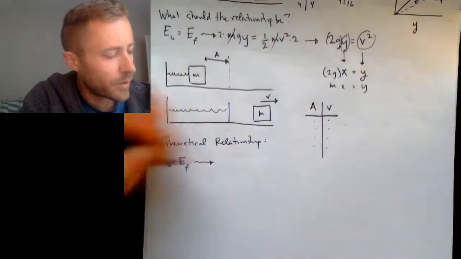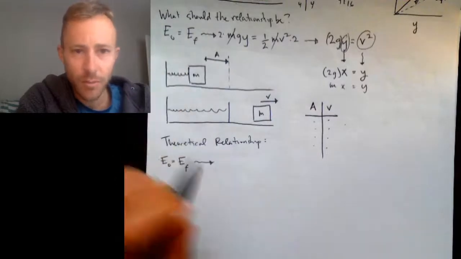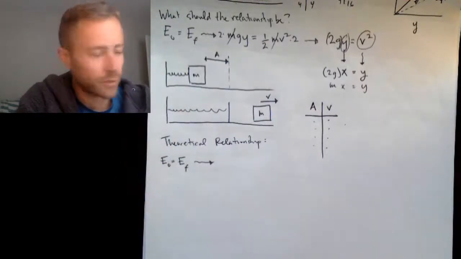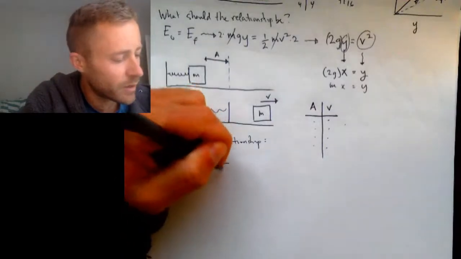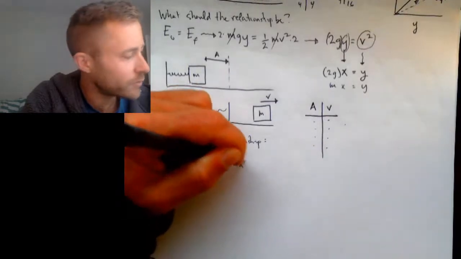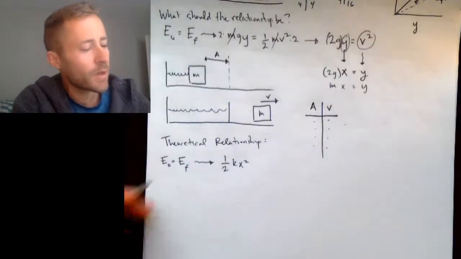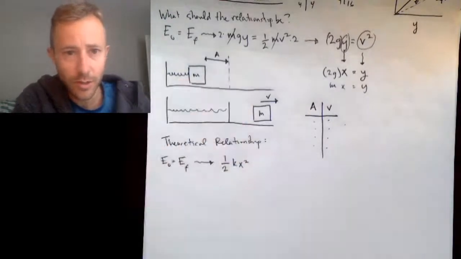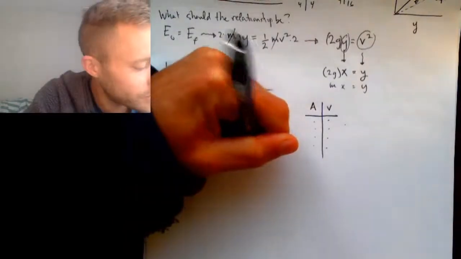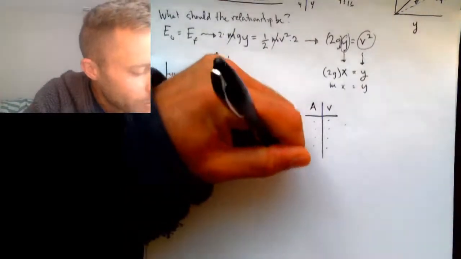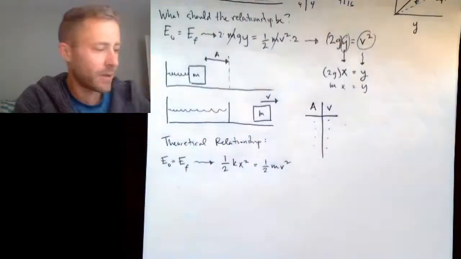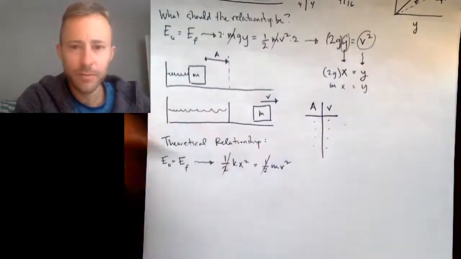And the initial energy is the energy of the compressed spring. So that is elastic potential energy, 1/2 kx squared. The final energy is the kinetic energy of the launched mass, 1/2 mv squared. Okay? I cancel out the 1/2.